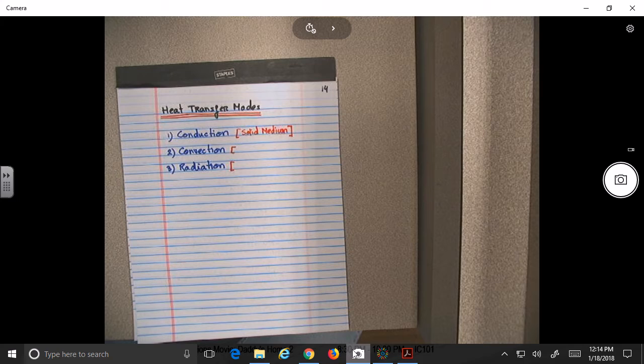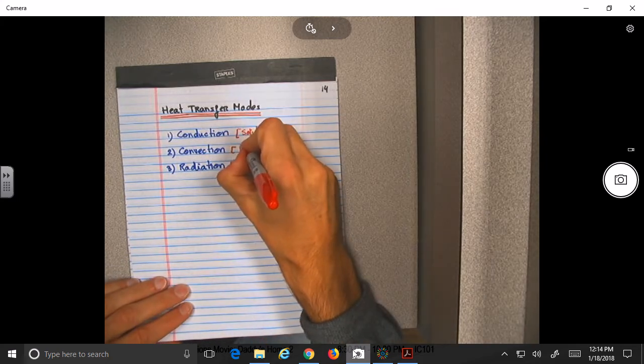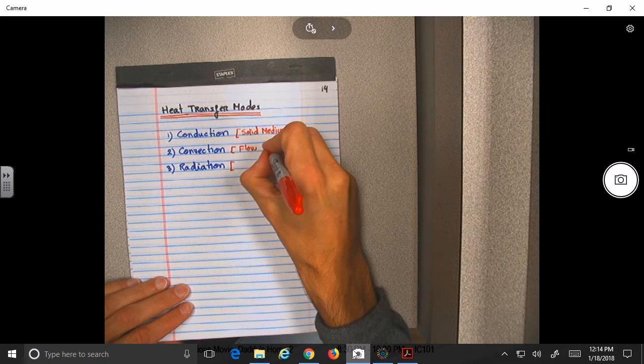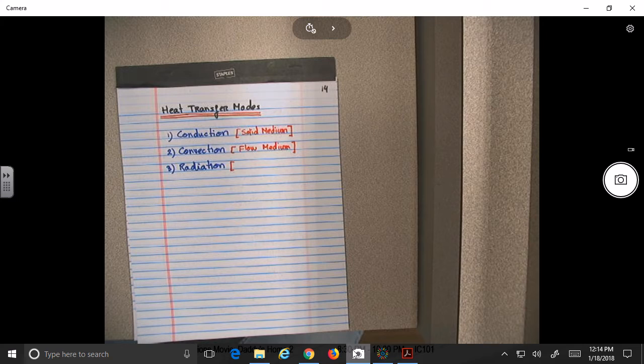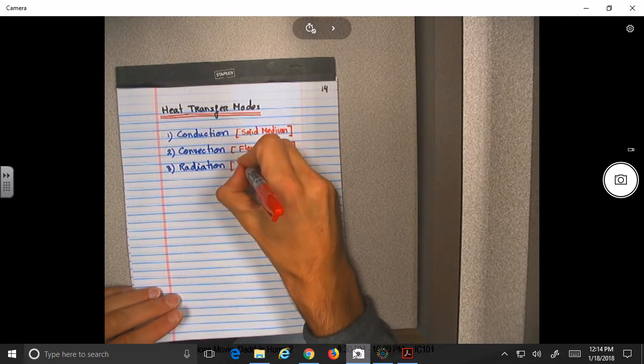Now what is something specific to convection? You need some type of flow medium. I like flow more than liquid, so flow medium. For example, a fan doesn't really cool the room, but it helps you remove the heat faster because it's moving the flow in the medium. What is specific about the third one, radiation? No medium. Perfect.